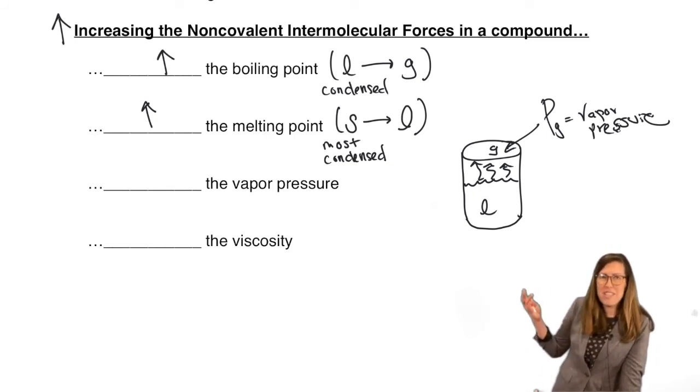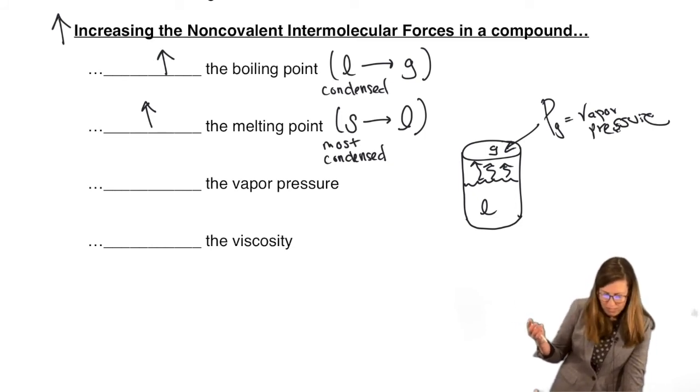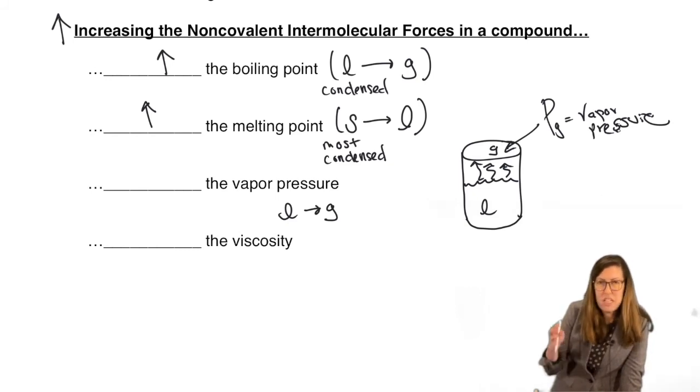So do we just say increase because it all increases? No. Think about what's happening. If you're going from liquid to gas, if you have strong intermolecular forces, and this is just happening on its own without adding heat. If you're going from liquid to gas, it's voluntarily breaking its intermolecular forces to be in the gas phase.